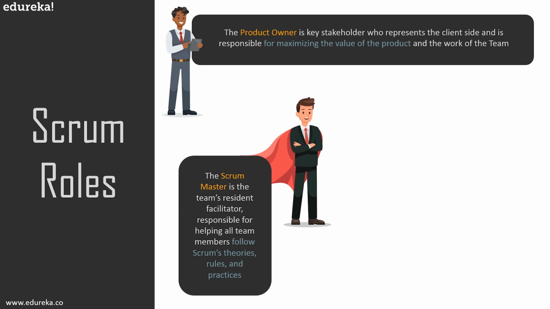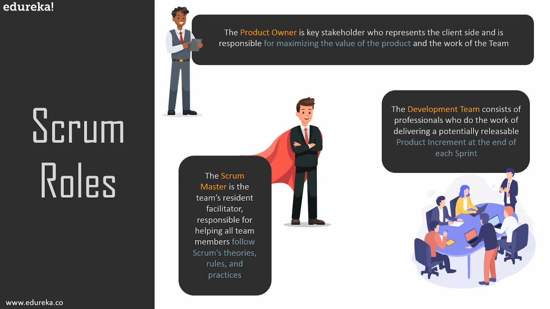He is at the center of the Scrum, coordinating all project activities and linking customers and different teams that are part of the project. So you can say he is the heart of the Scrum process. Next up, you have the development team. The development team is a self-organizing and cross-functional team who carry out the work which happens during the sprint. So they all work together to deliver projects.